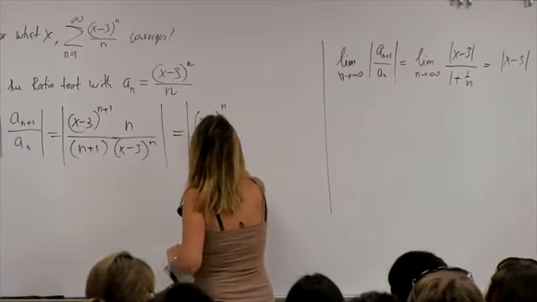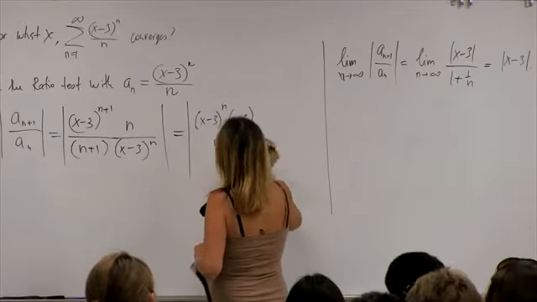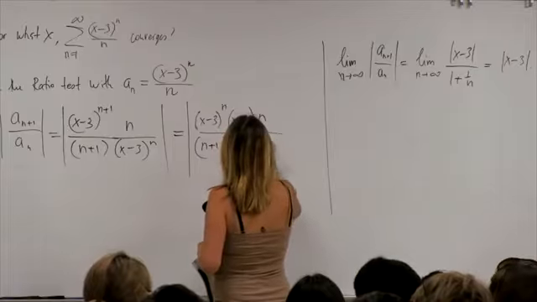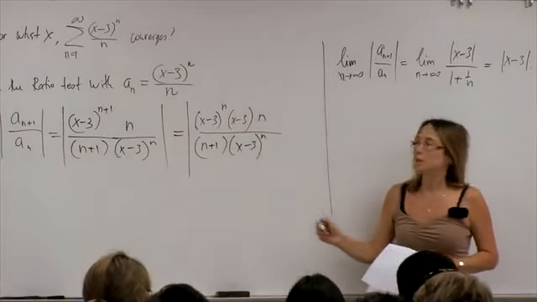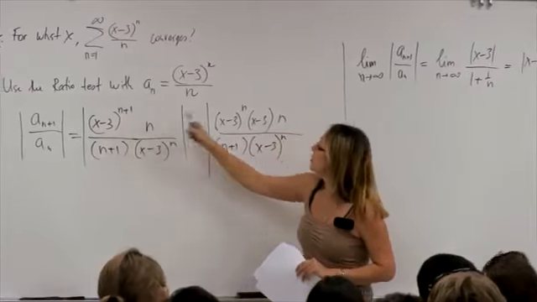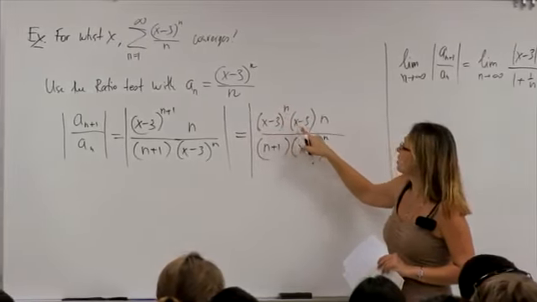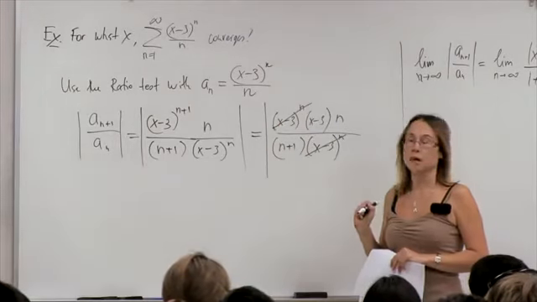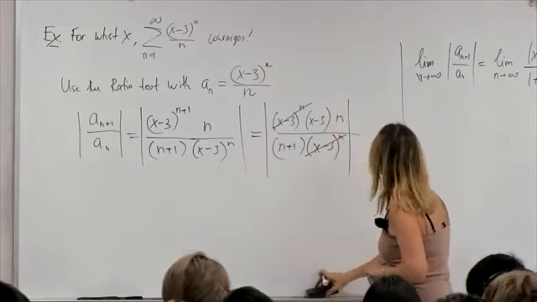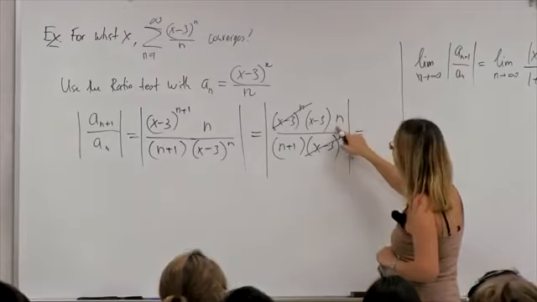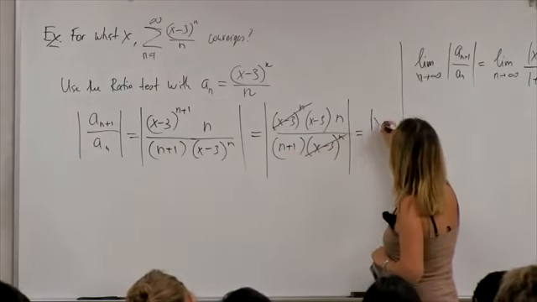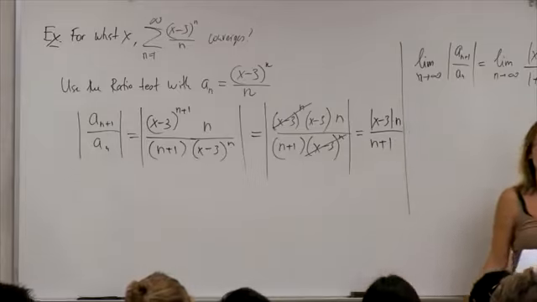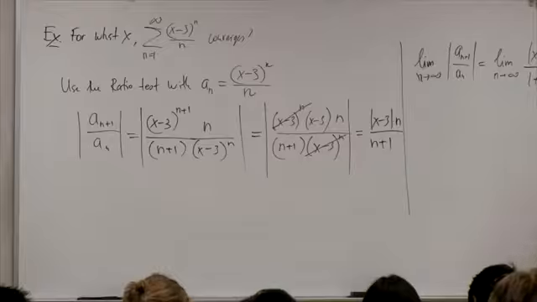And we have (x minus 3)^(n+1) over (x minus 3)^n. Agree? I decompose this into (x minus 3) to the power of n times another one. These two cancel completely. And what I have left is, n is positive, n plus 1 is positive, so I have to take the absolute value of this times n plus 1. Okay. More questions?